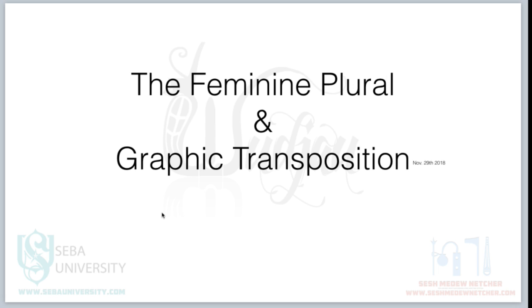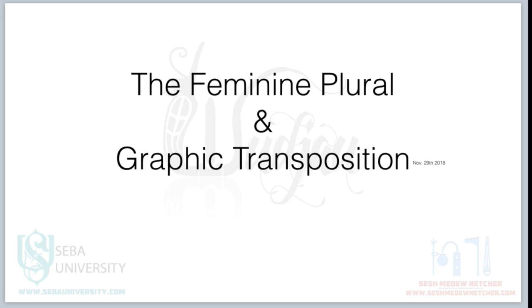Now, first, let me give a little backdrop on why this is even a topic to begin with, in terms of why now. The feminine plural and graphic transposition are features within the ancient Egyptian language that we refer to by its name, Rani Kemet. Also, you'll hear us say Sesh Medu Necher.